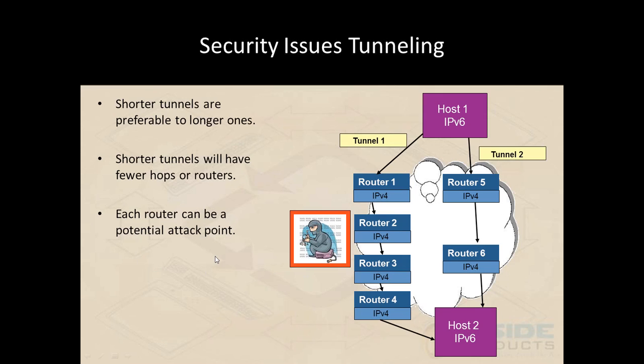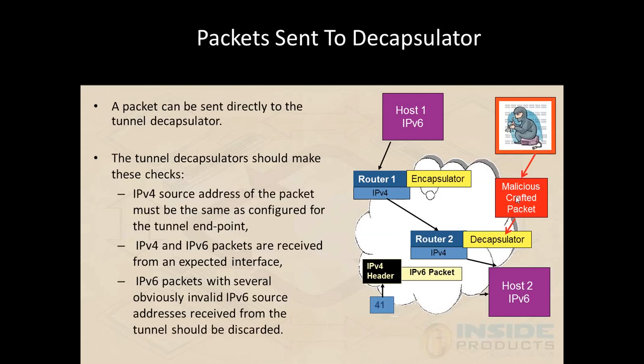The short version of why we use something like Teredo or Tunnel Broker is that it can then go across a NAT. You may not be able to do 6 to 4 across a NAT, but you can do UDP across a NAT. So let's take a look at an actual packet that's doing some tunneling.